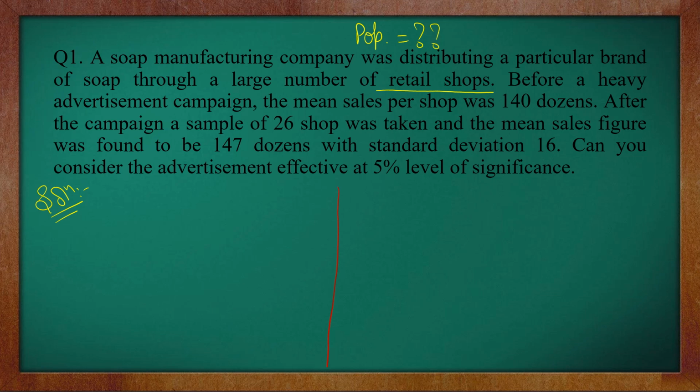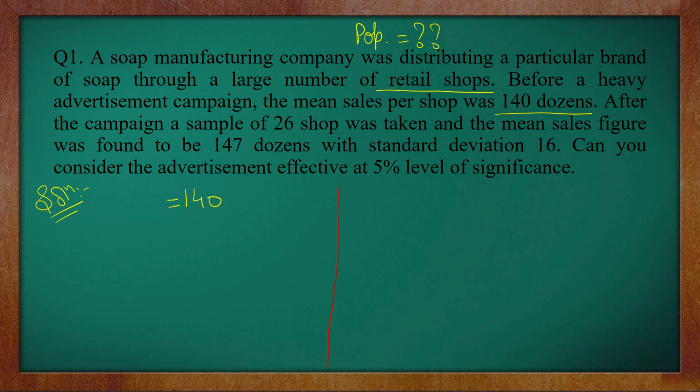Now, before a heavy advertisement campaign, the mean sales per shop was 140 dozen. Mean means average. So they are saying that before the advertisement, the mean sale per shop was 140 dozen. 140 is the mean, but I don't know whether this is the population mean or the sample mean. Let's move further now.